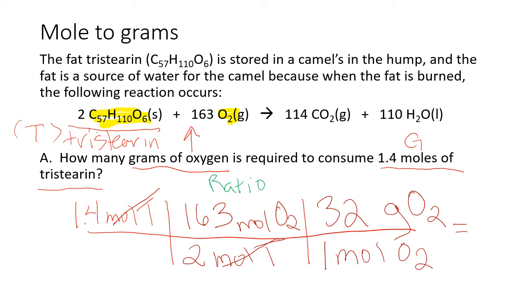So I have 1.4 times 163 times 32, and I'm going to divide all of that by 2, and I end up with a total of 3,651.2 grams of oxygen. All right, so on to the next.